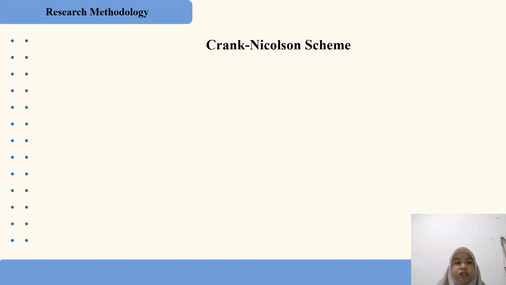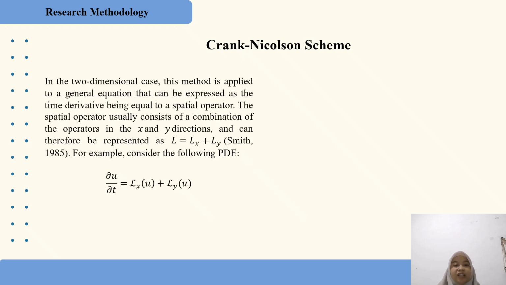The Crank-Nicolson scheme is one of the most widely used finite difference schemes for solving parabolic partial differential equations, particularly the heat equation. The scheme was first introduced by Crank and Nicolson in 1947 as a numerical method that combines second-order accuracy with high stability.